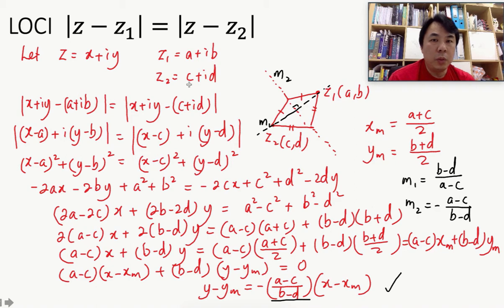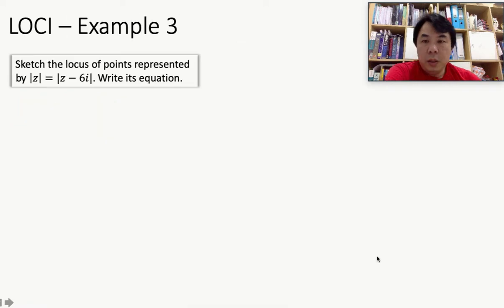Now I'm going to move on with an example that applies this complex equation. Number 3, to show how we are going to apply the theory that we have covered just now regarding the perpendicular bisector between 2 fixed points. This question states: sketch the locus of points represented by this complex equation, absolute z equal to absolute z minus 6i.